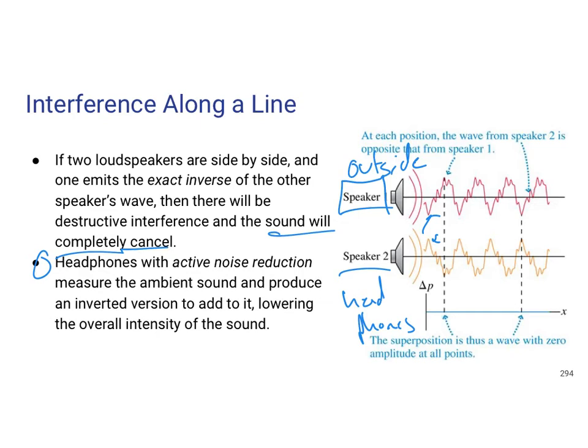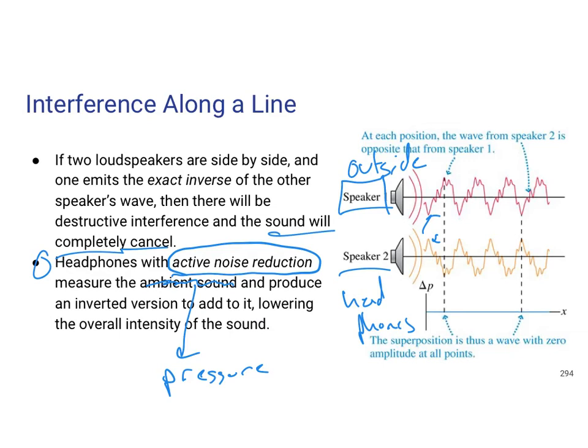Now, if it's noise canceling, or more properly referred to as noise reduction, because it doesn't cancel out the noise, but it does help reduce it, it's going to measure that ambient sound. Well, it's not actually ambient sound, right? It's technically pressure. It's the sound waves from the outside in terms of pressure.